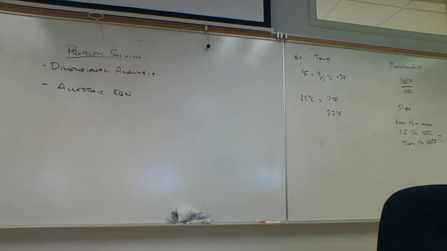And the problem with that car is 22 is too cold, but 23 is too hot. It's too hot because that jump from 22 to 23 is actually a 1.8 degree jump in Fahrenheit. You know? And so that's almost a 2 degree jump in Fahrenheit.